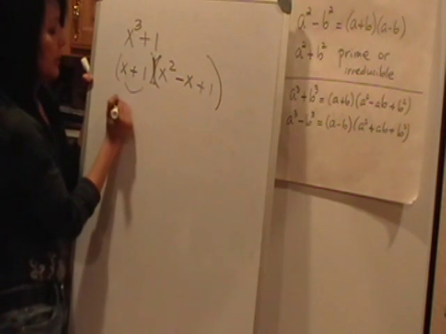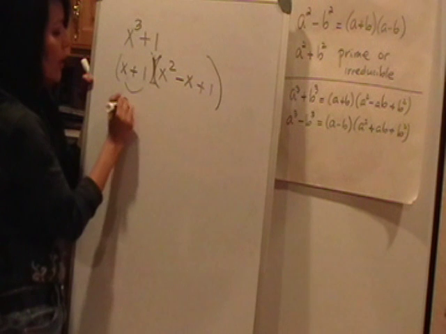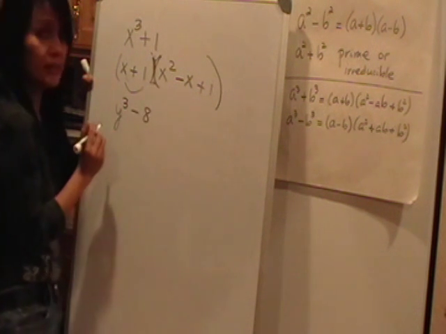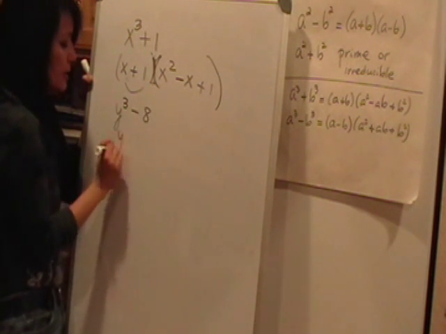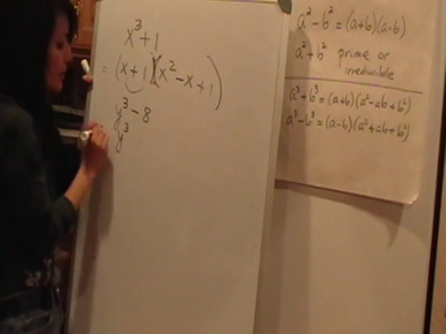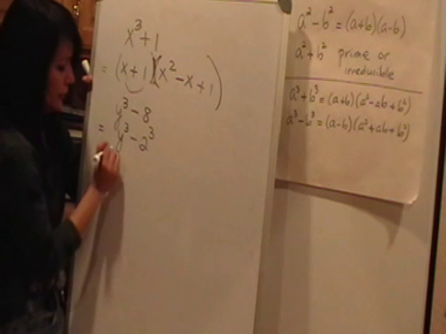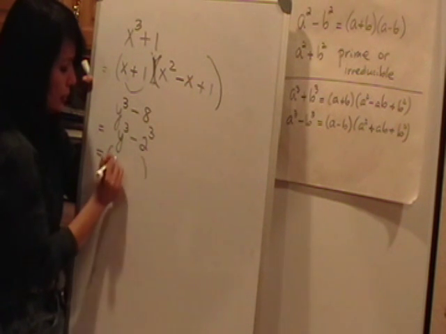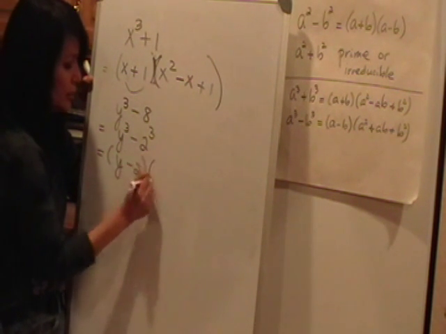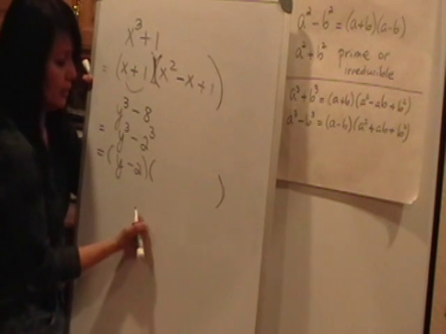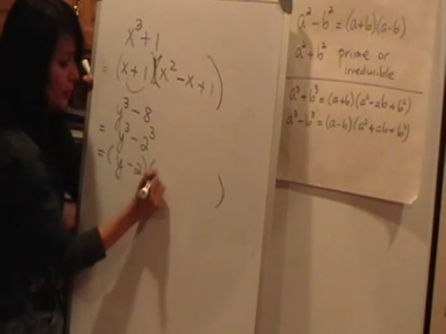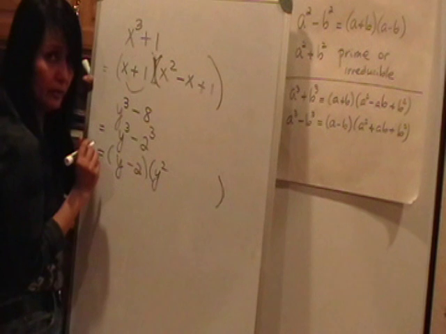Let's do another example here. If I have, let's say, y cubed minus 8. Y cubed minus 8, you know that 8 is a perfect cube because it's 2 cubed, right? So the first factor, the short one, is y minus 2, followed by the long one. The long one is, because I already have a y to the 1, I'll need a y squared, right?